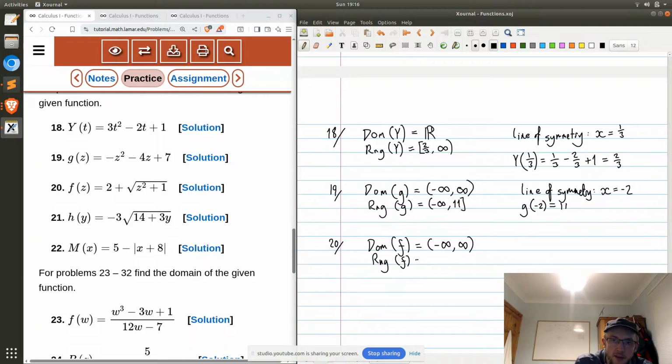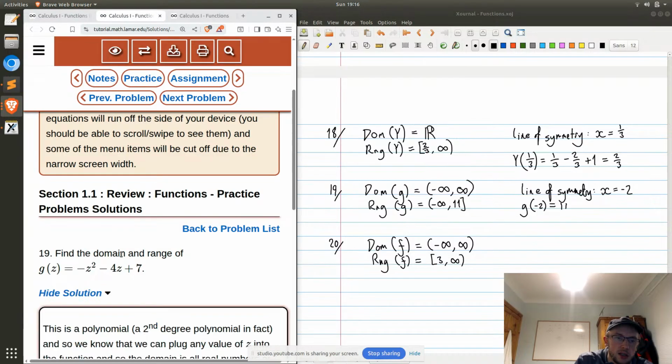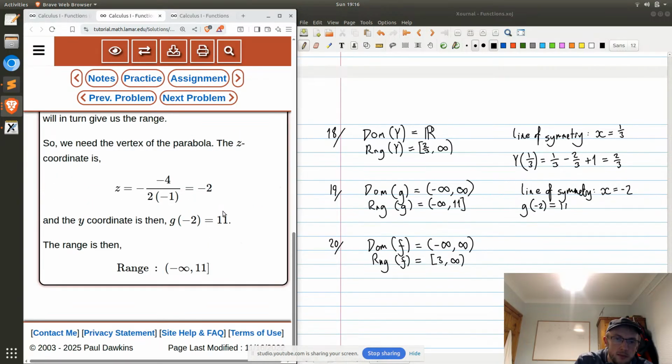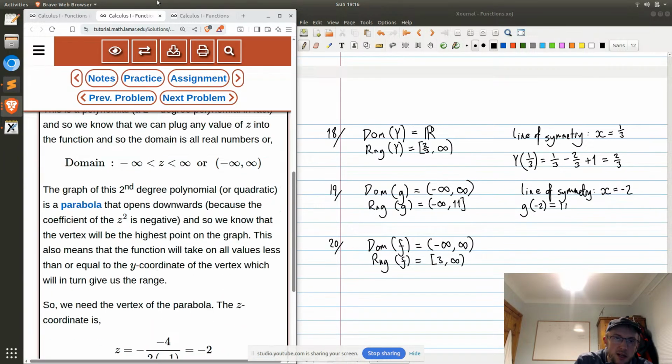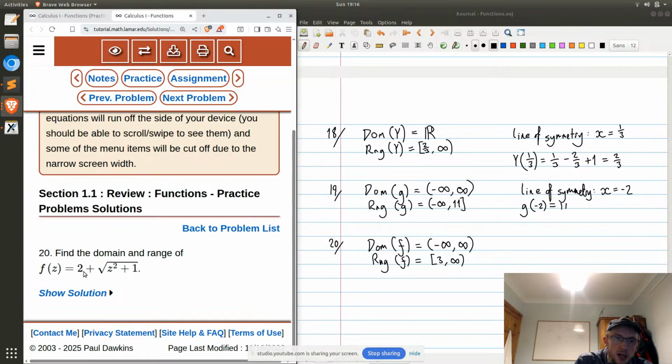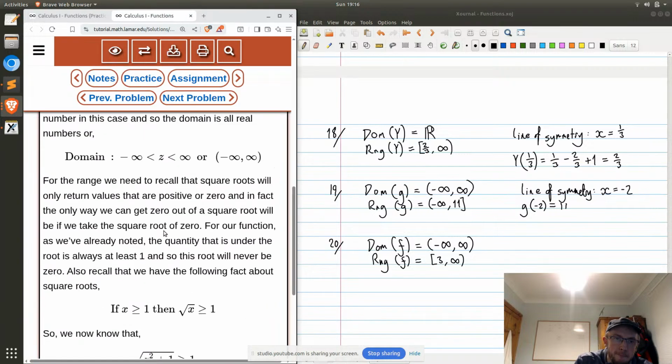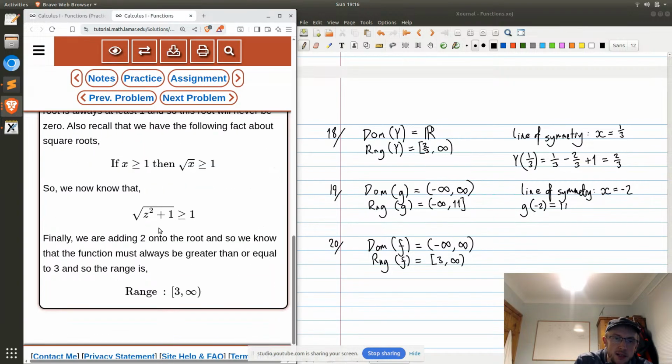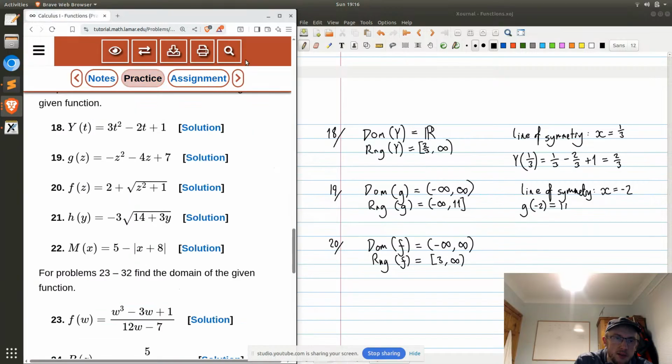So the range of f is 3 and above. And now we check. Yeah, that's correct. The range is correct and the domain is correct. That's good. And now we check. Okay, the domain is fine and the range is fine. That's great.